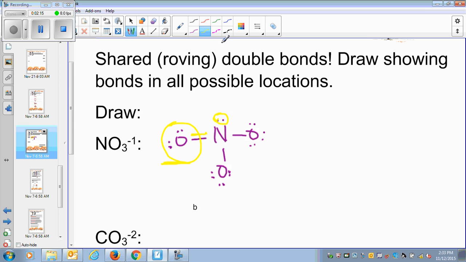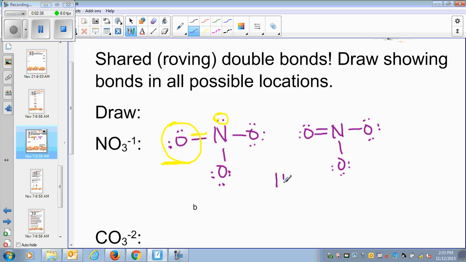So the actual dot diagram of nitrate is going to look like this. You have a double bond with this oxygen, a single bond with this oxygen, and a single bond with this oxygen. What happens is these electrons are free to move. They are constantly moving.